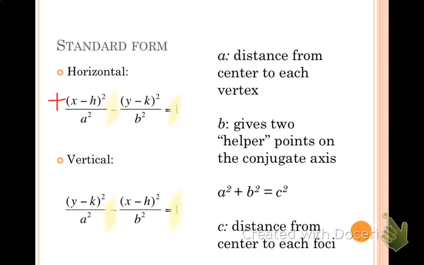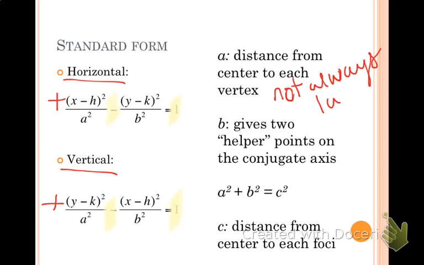So if x squared is positive, then it's horizontal. If y squared is positive, it's vertical. a is no longer the largest number necessarily. It's not always the largest anymore.